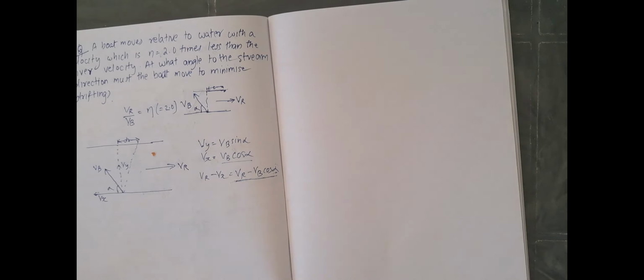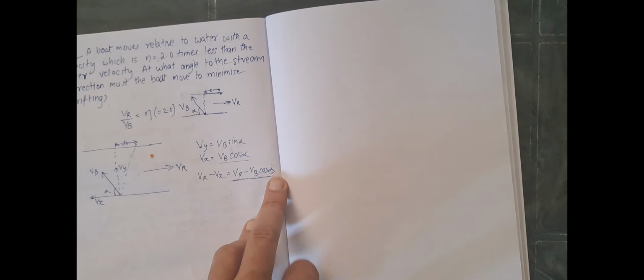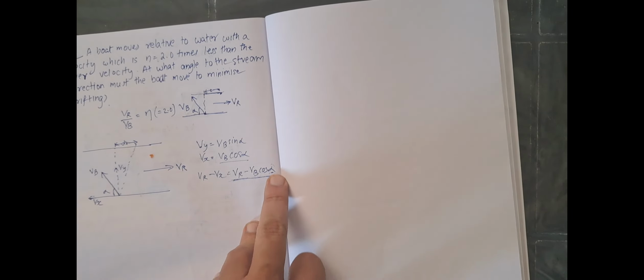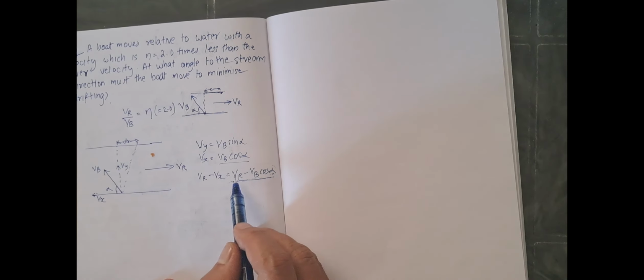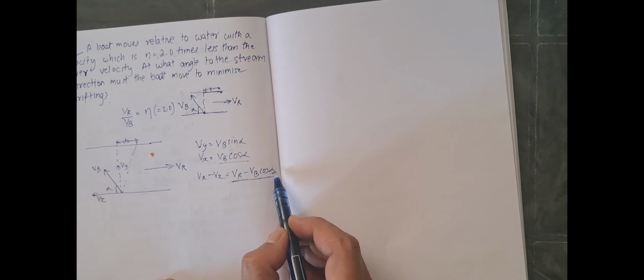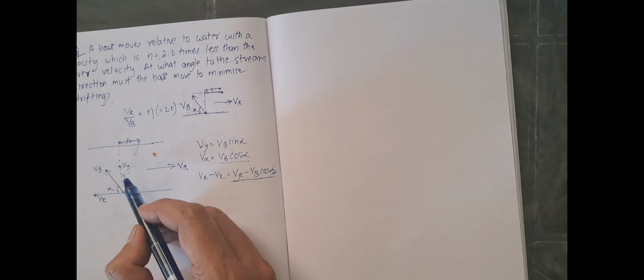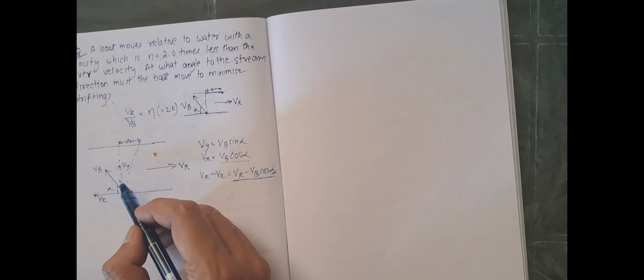That's one factor that influences drifting, but there is another factor also which influences drifting, and that factor is if you decrease this, cos alpha increases and this velocity comes down. But as you keep on decreasing this, sine alpha also decreases.